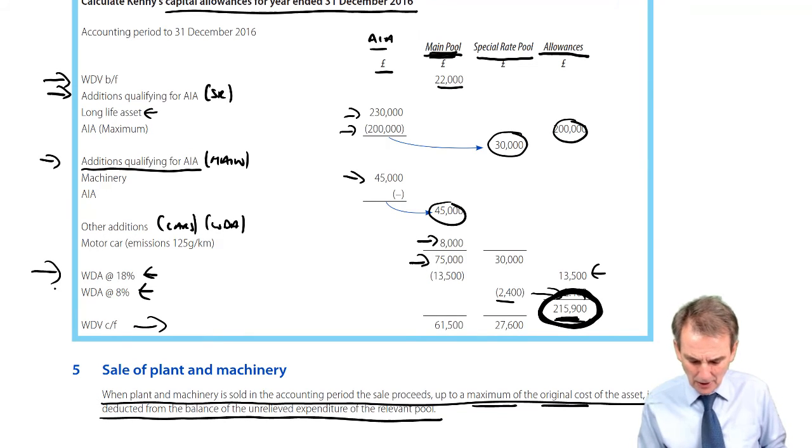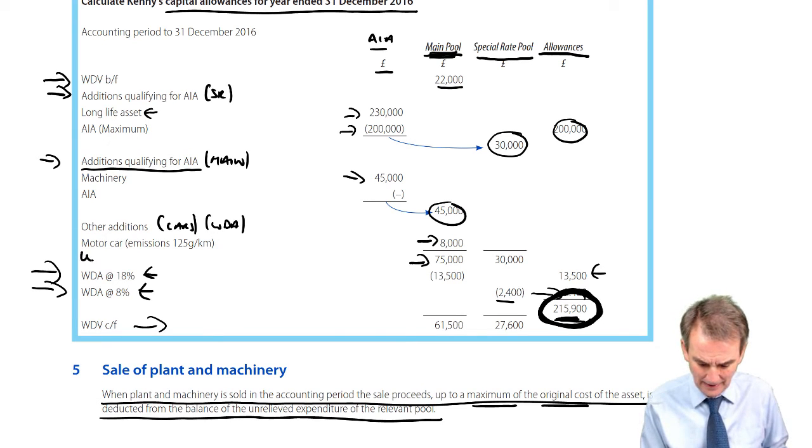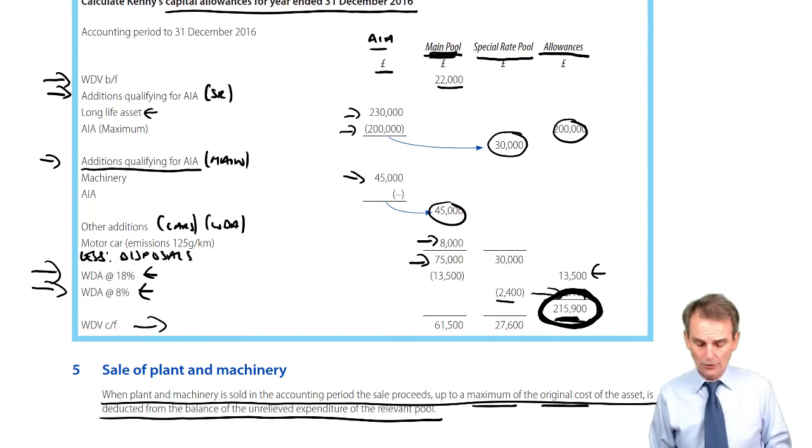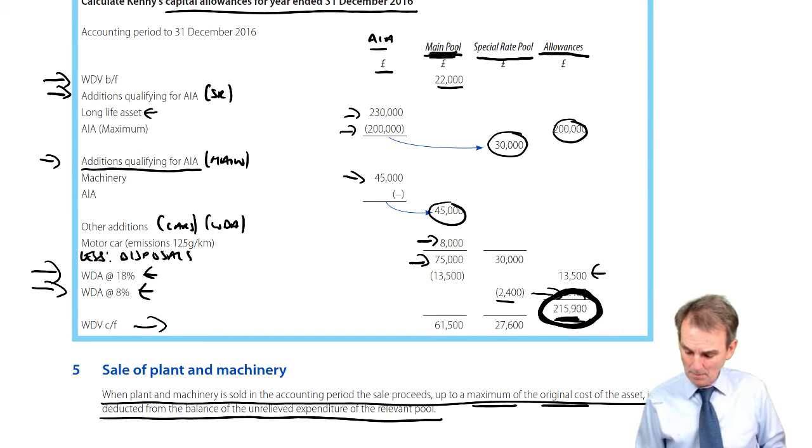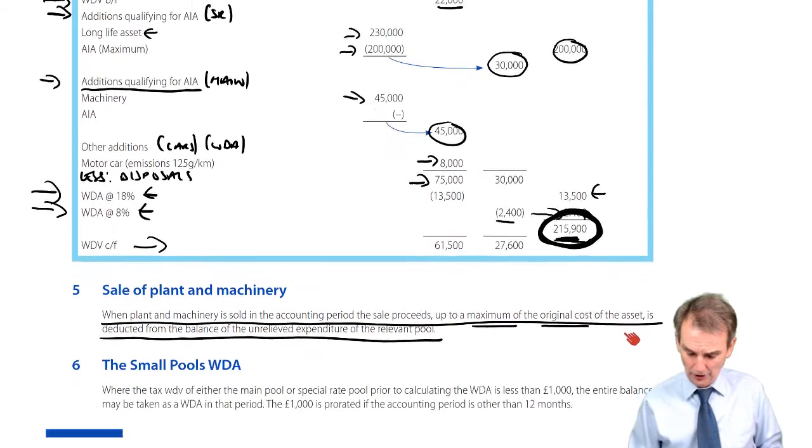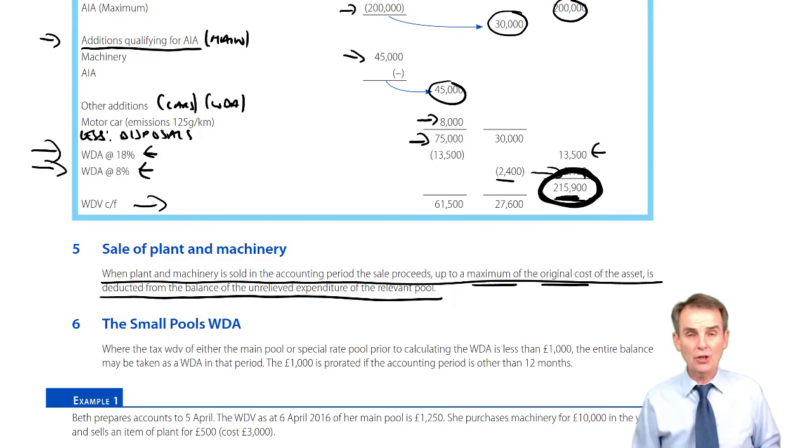What will now happen is, before that writing down allowance is claimed, either on the main or special rate pool, it is in there that you would now be deducting, in relation to disposals, your sales proceeds to a maximum of original cost.